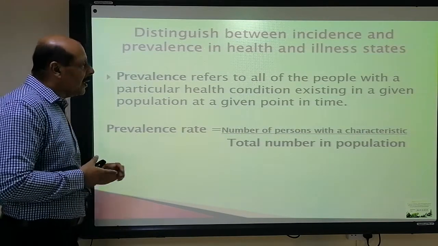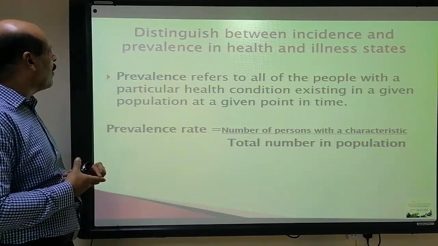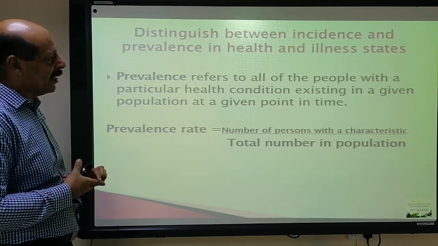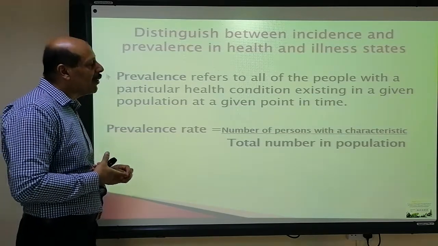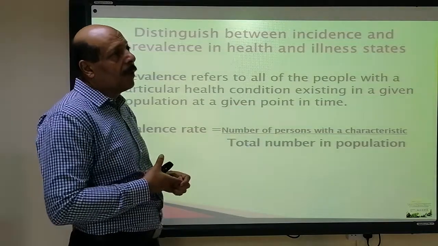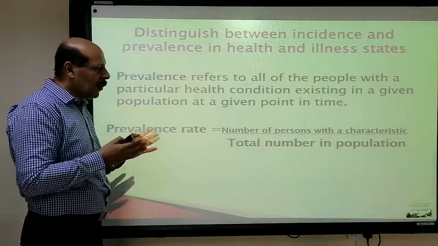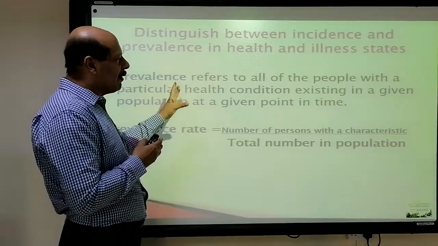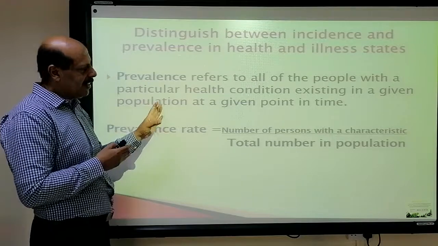Prevalence refers to all the people with a particular health condition existing in a given population at a given point of time. So it is the total number of people who have that existing disease.